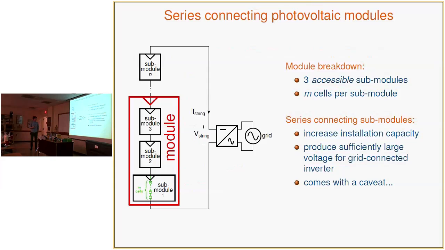So why do we series connect submodules, or why do we series connect modules? An obvious reason is because it increases the insulation capacity of the system. It increases the power out of the system, right? You increase voltage, you increase the power out of the system. But another reason why you do that is because the losses of the IGBTs in the central inverter are a stronger function of the current that's through them.